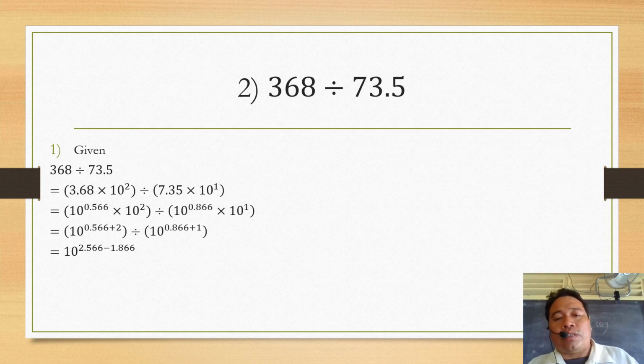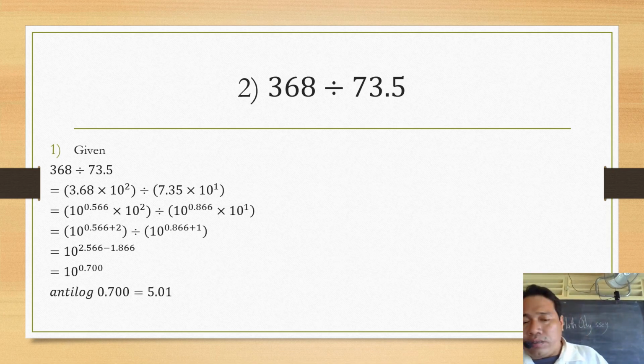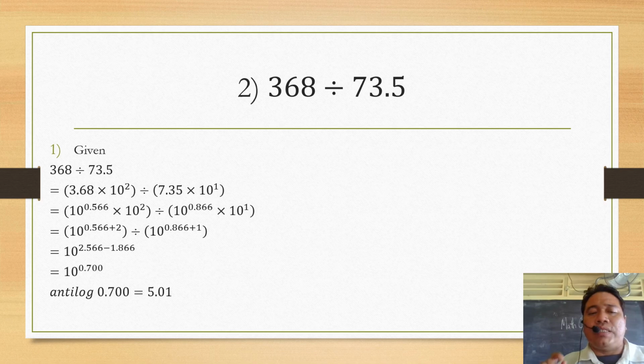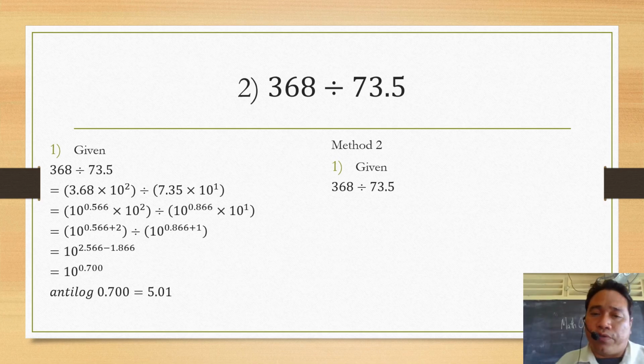So it equals 10 to the 2.566 minus 1.866. This is the law of division. When we subtract, we get 10 to the 0.700. But we want the division and it can't be in log, so we antilog 0.700 to get 5.01.